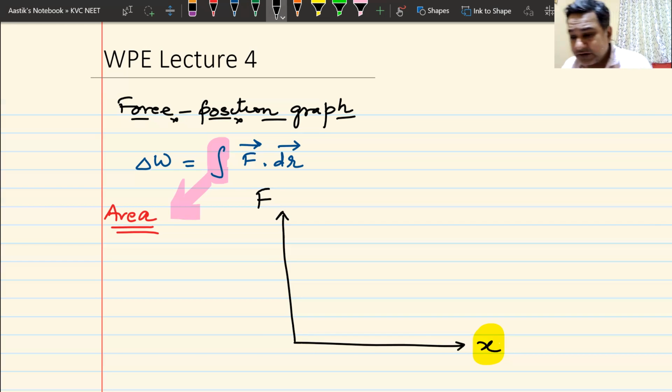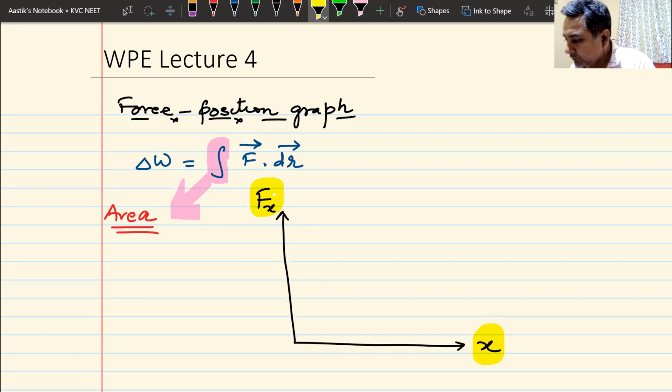The example I'm taking is for a particle moving in one-dimensional motion, and that is the question that you are going to see in the examination hall. So it will be a one-dimensional force. Force is along the x-axis, and the particle's displacement is also along the x-axis. So instead of writing it as F, I will write it as Fx. Fx tells us that this force is along the x-axis. I hope you understand this. Can I have some raise hand that we understand this? We understand that I have plotted displacement or position on the x-axis and force on the y-axis.